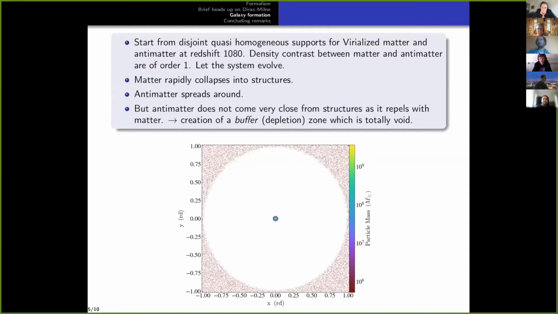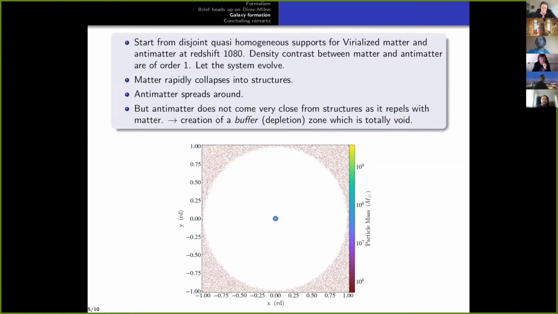And then the typical structure you would see is the picture I put for you here. A collapsed matter, a galaxy, and everywhere around spreads antimatter. But you also have to remember that antimatter and matter do repel each other.